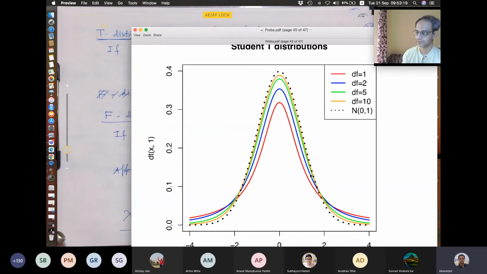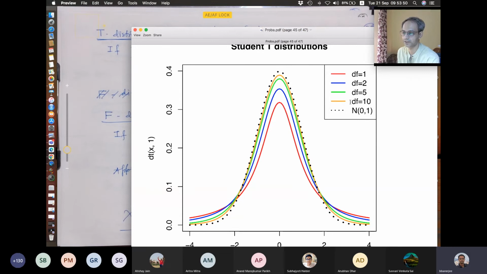But here you see that T1, the red one, has a thicker tail compared to the other T distributions, and the dotted line, which is the PDF of normal 0 1. So as the degrees of freedom of T increase gradually, if the degrees of freedom go to infinity, then it converges to the normal distribution.